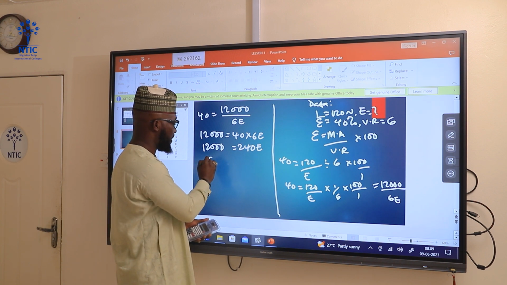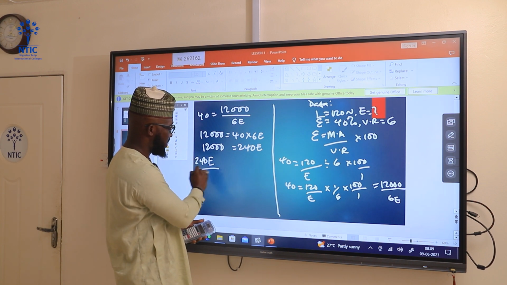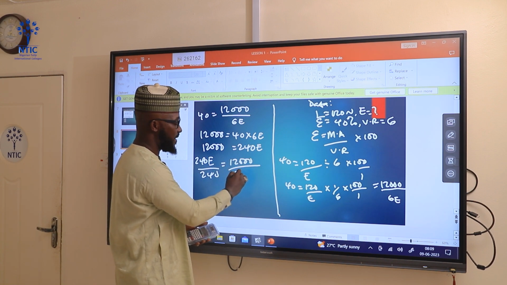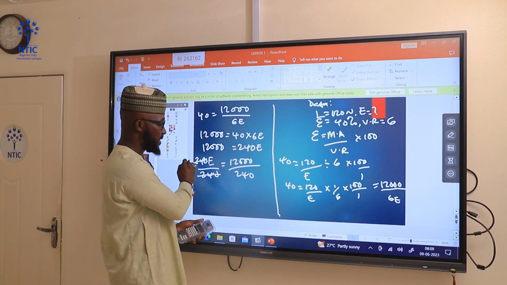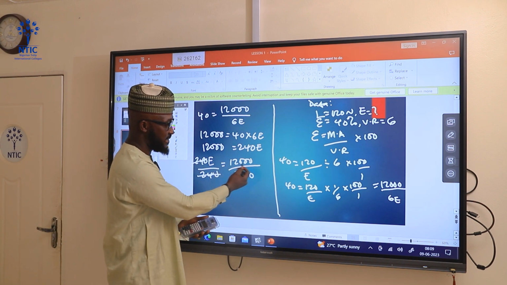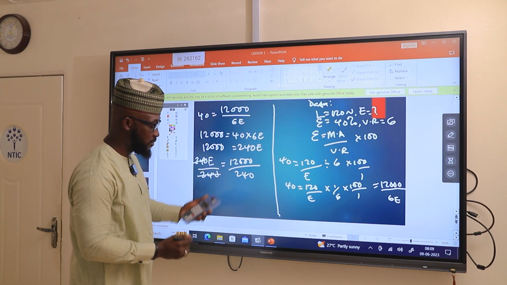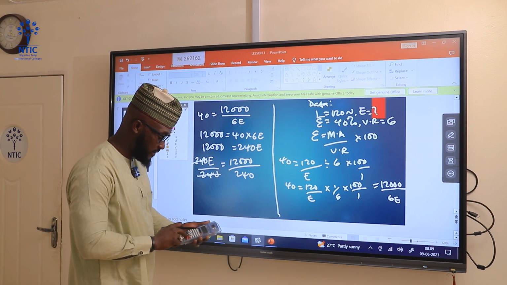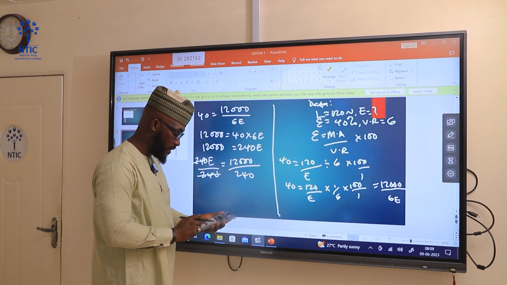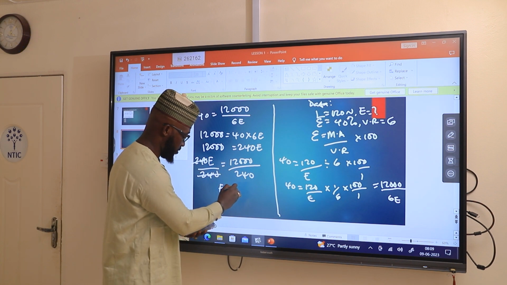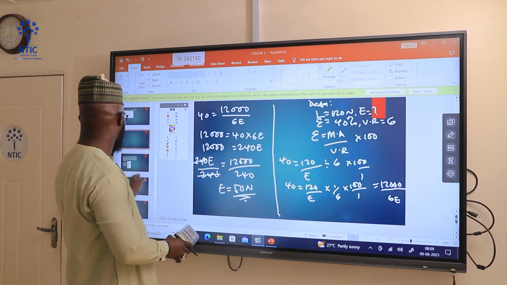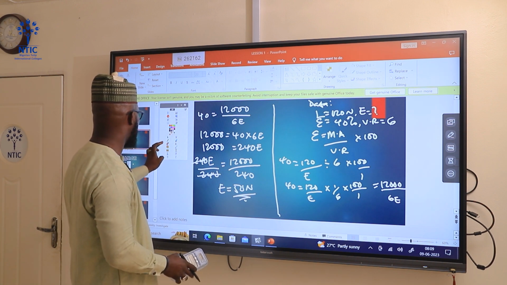So 240E divided by 240 equals 12,000 divided by 240. This goes with that. And we have to divide the 12,000 now by 240 in order to get the value of E. 12,000 divided by 240 will give us E to be equal to 50 Newton. Let's see. Do we have 50 in the options?